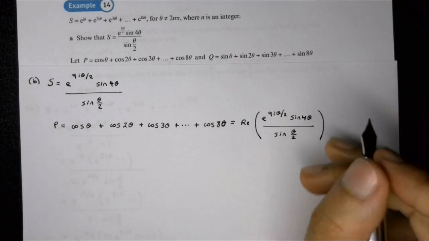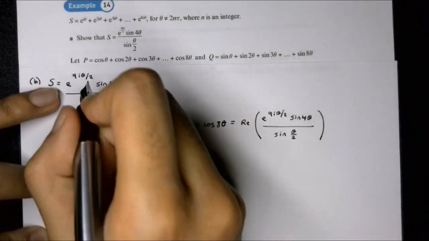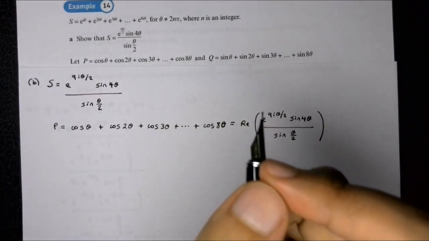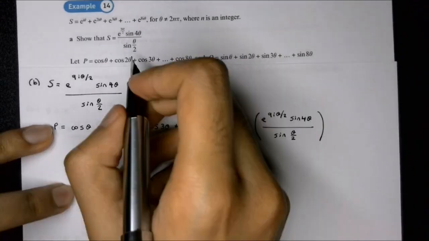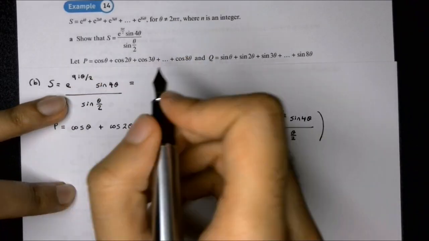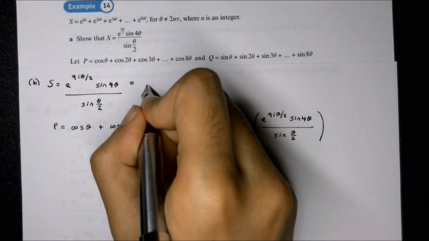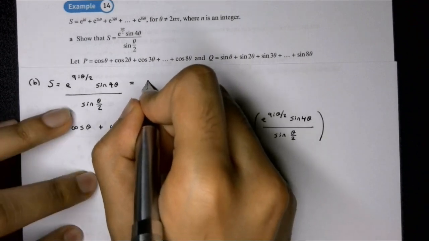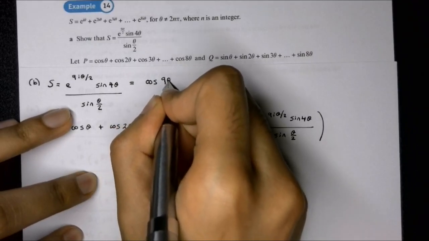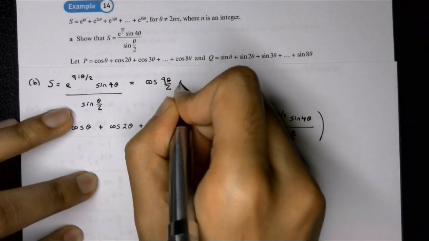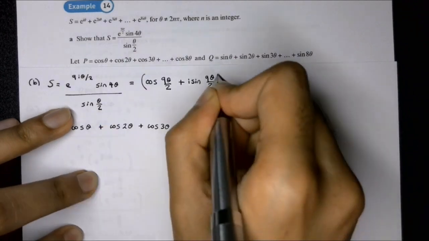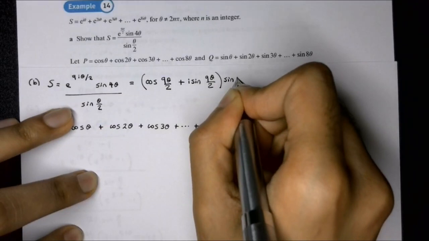Okay, now before we work anything out, what we can do to help us simplify all of this is write e to the 9i theta over 2 using De Moivre's theorem, that's equal to cos of 9 theta over 2 plus i sine of 9 theta over 2, and this is being multiplied by sine 4 theta.